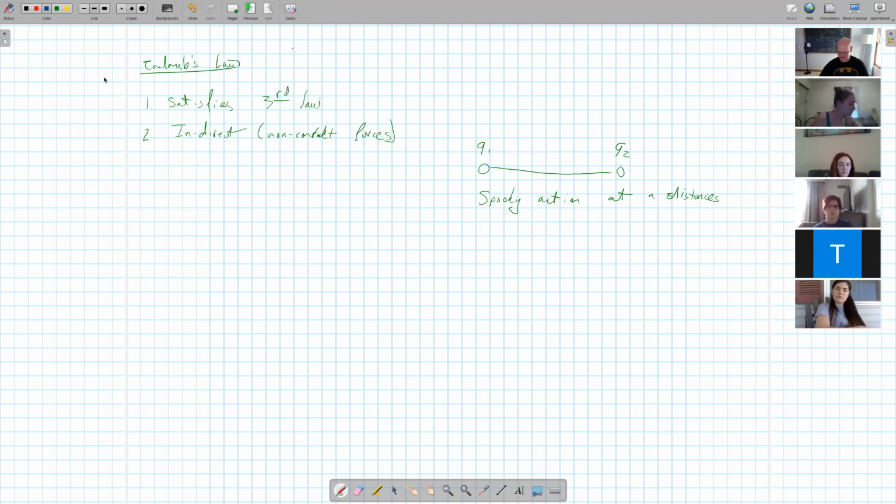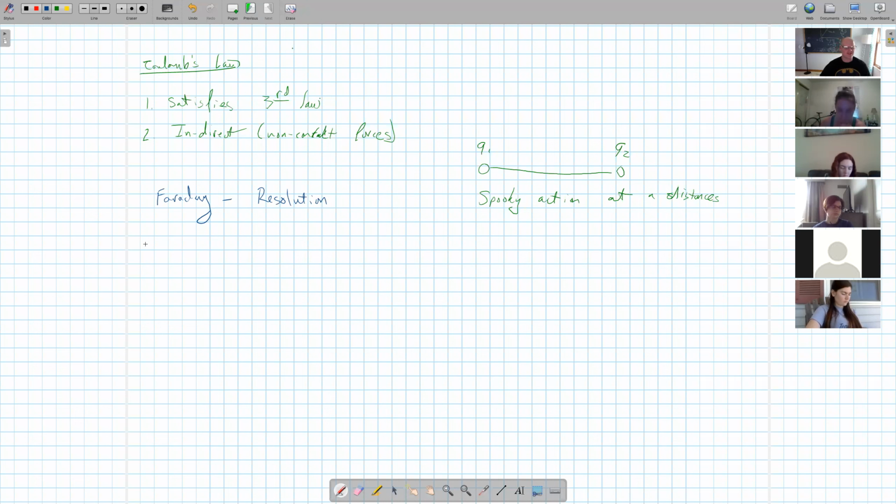Until eventually, a British physicist by the name of Michael Faraday gave a resolution to this. And we're going to see his name several times.